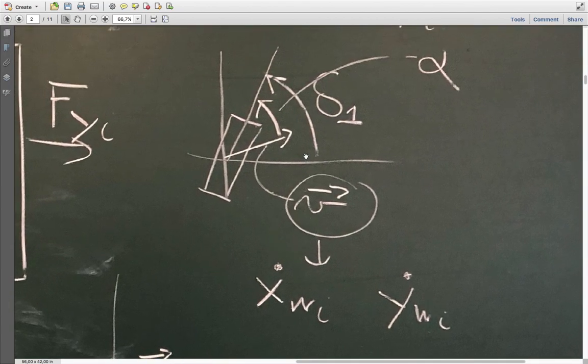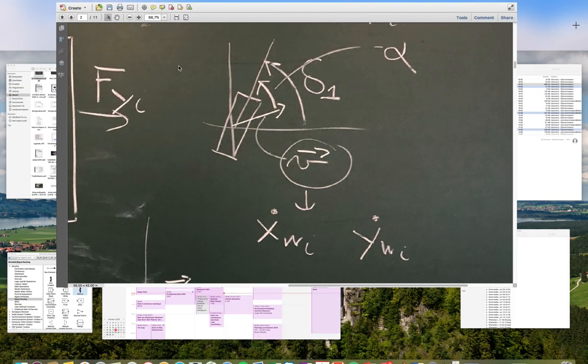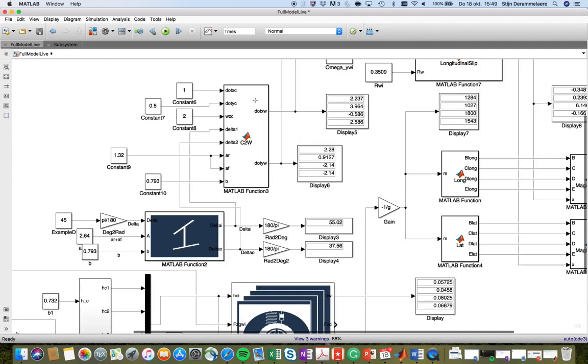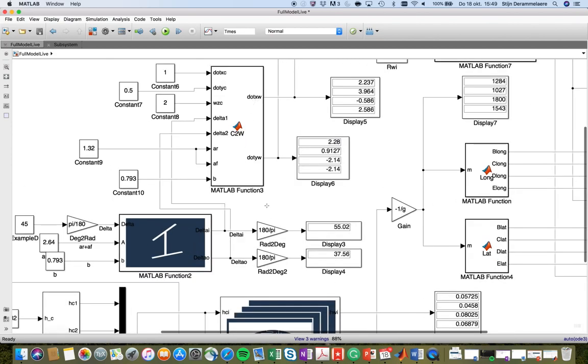And for the front wheels, we have to take into account the steering angle delta 1 and delta 2. If we put that all together in our complete model, then we get this.